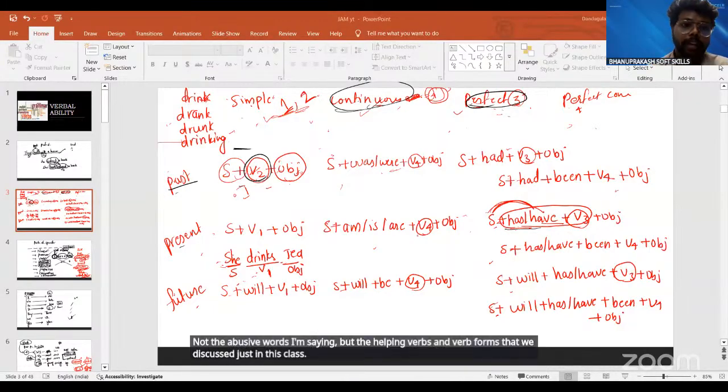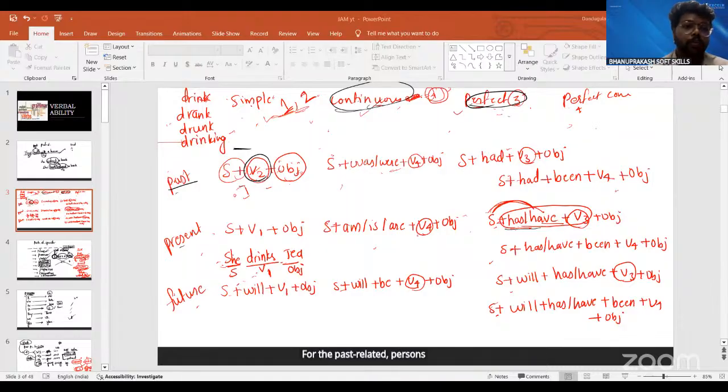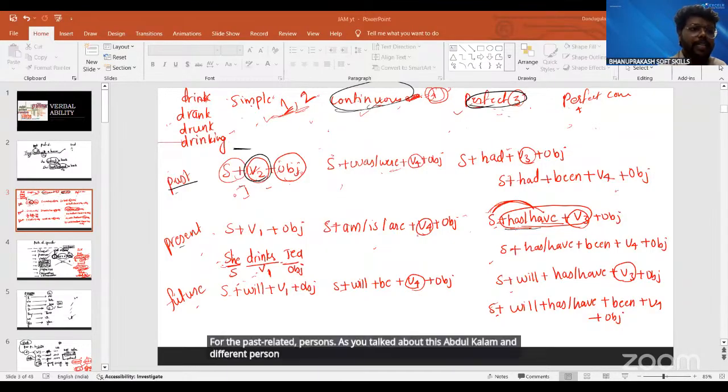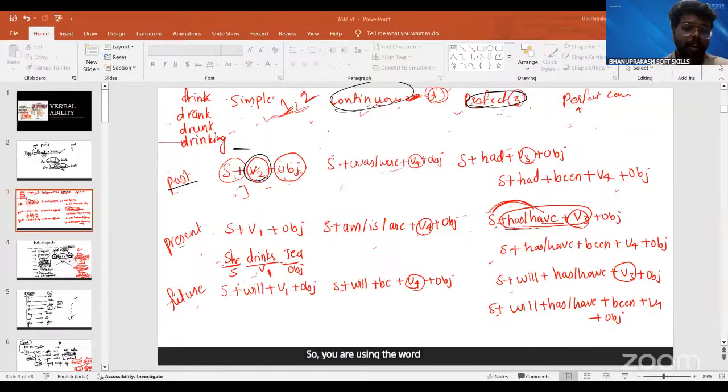For past-related persons like Abdul Kalam and others, you are saying "will," but they all died and that happened in the past, so you should never use the word "will" here.